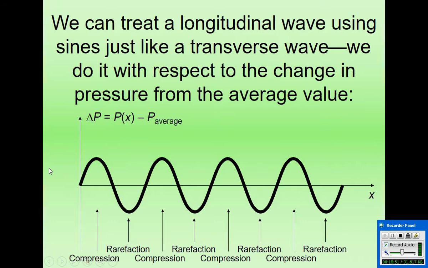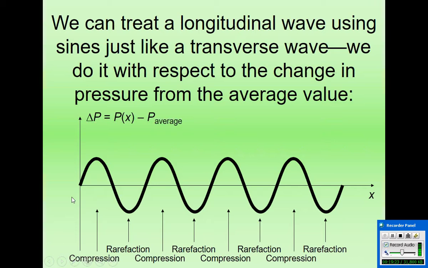A sound wave can be visualized as an oscillation in pressure. If there's no sound in the air, the pressure would be whatever atmospheric pressure is. But as a sound wave travels through the air, as a compression wave, we get this compression where the pressure goes up a little bit, and adjacent to a compression is a rarefaction, where the pressure is decreased a little bit.